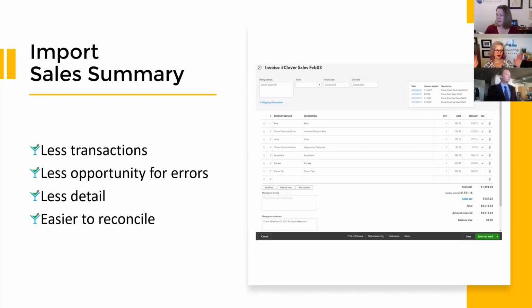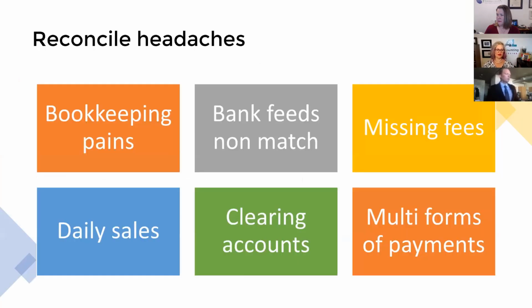Yeah, whenever I saw this, of course, I was really, really excited. And here's the reason why. This is it. It's freedom from headaches. Those clearing accounts are just a big, big pain.